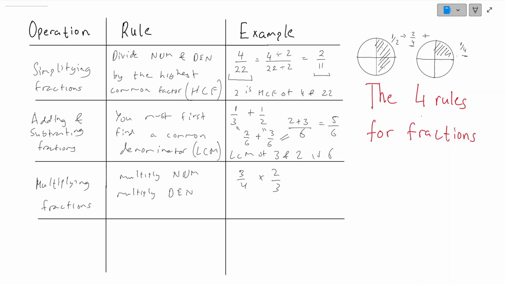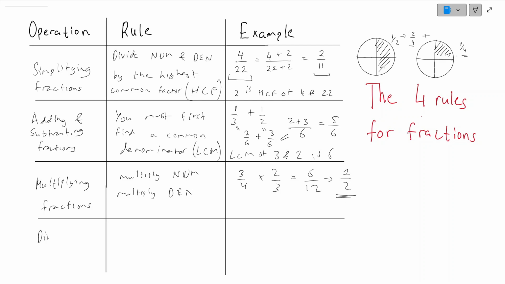And what we will do here is just multiply the numerators, which will give us 6, and multiply the denominators, which will give us 12. And then obviously this can be simplified. The HCF here, the highest common factor, is just 6. Therefore, this will just become 6 divided by 6, which is 1, over 12 divided by 6, which is 2. And so 3 over 4 times 2 over 3 is just 1 over 2, or a half.